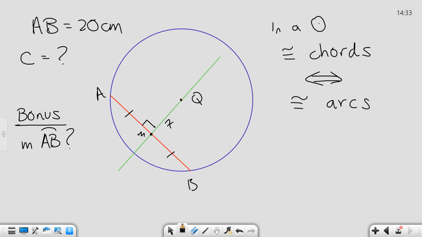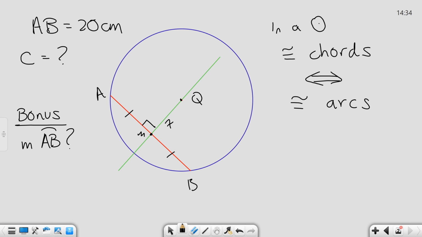There's the radius. Radius is actually 10, because 20 divided by 2, that's 10 and 10.